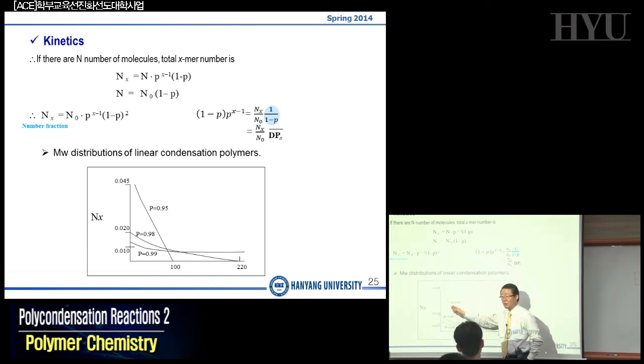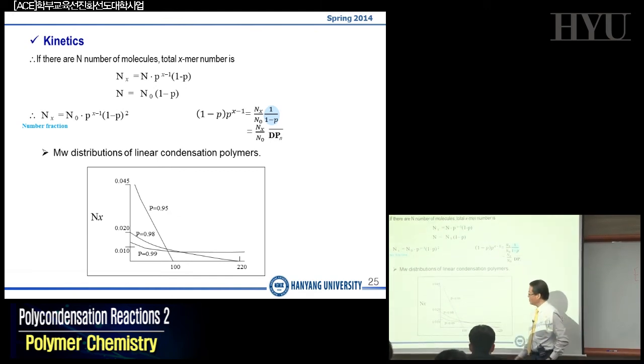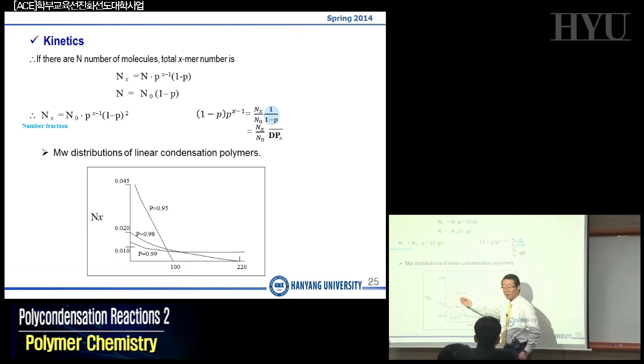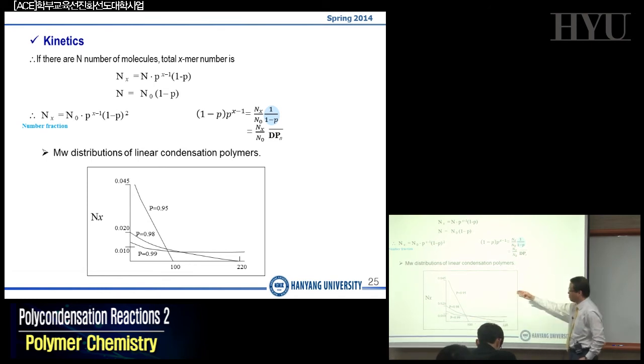So you have small molecular weight fractions if you have a low P. If P increases, the low molecular weight fraction decreases, but the high molecular weight fraction increases. So you have a molecular weight distribution in terms of your number fraction of x-mer.